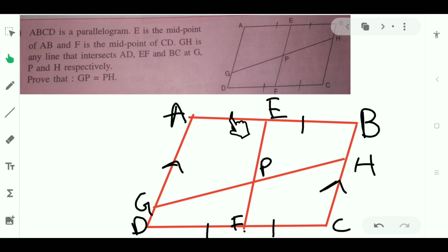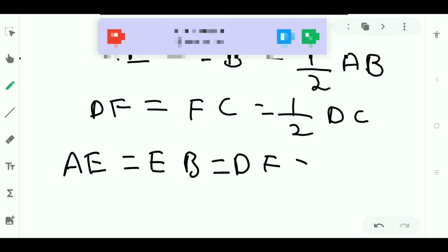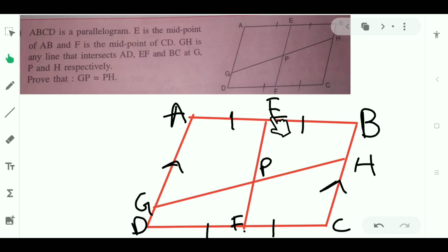So all these four lines are equal to each other. AE is equal to EB, which is equal to FC. Okay.